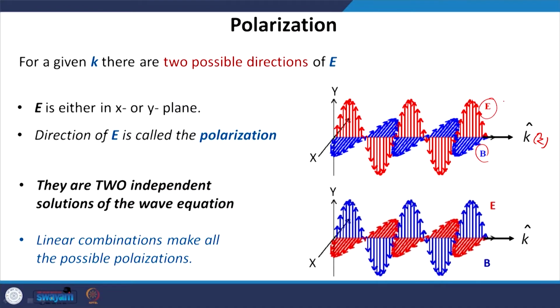So, it is either in the y plane or the x plane. The direction of E is called the polarization. If the wave is propagating in the z direction, you can have the electric field either in x or in y.